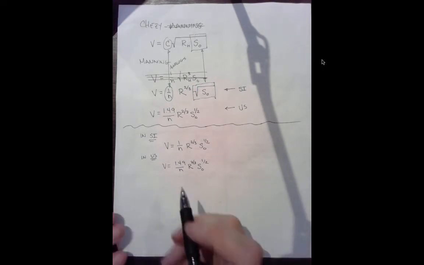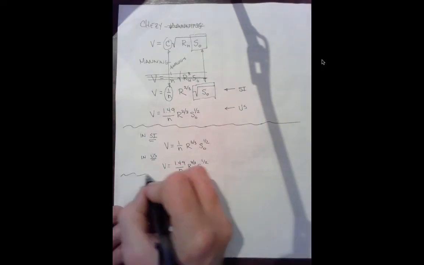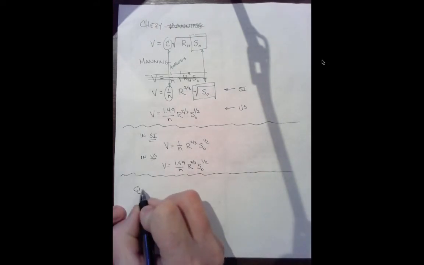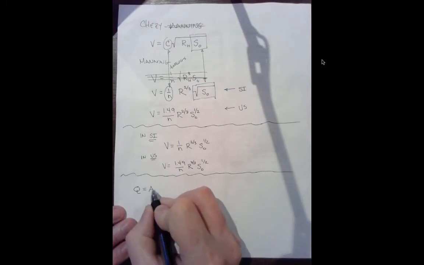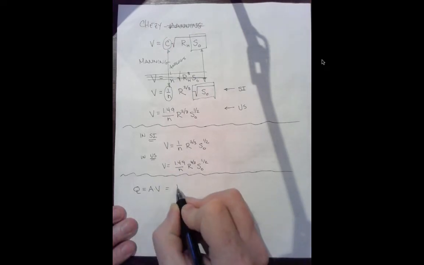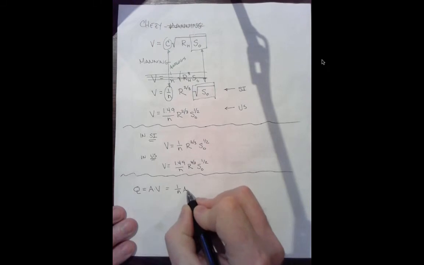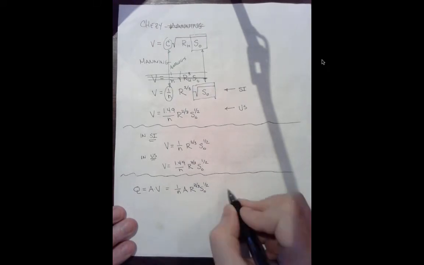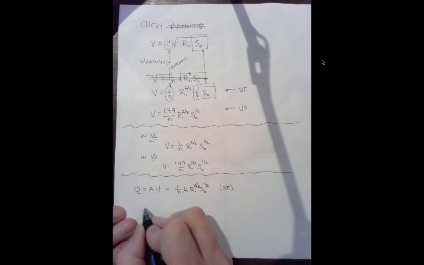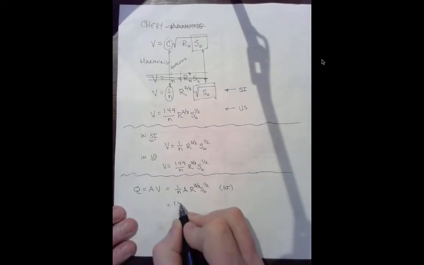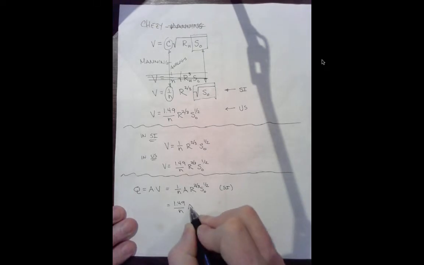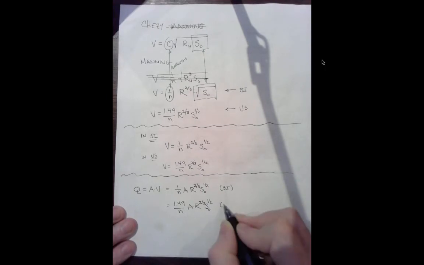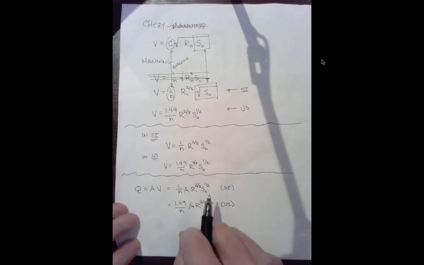If we multiply these by area, we get the classic slope area representation for discharge, which is Q is equal to area times velocity, which is equal to 1 over n area r to the 2/3 power s to the 1/2 power, SI units, or 1.49 over n a r to the 2/3 power s to the 1/2 power for US customary units.